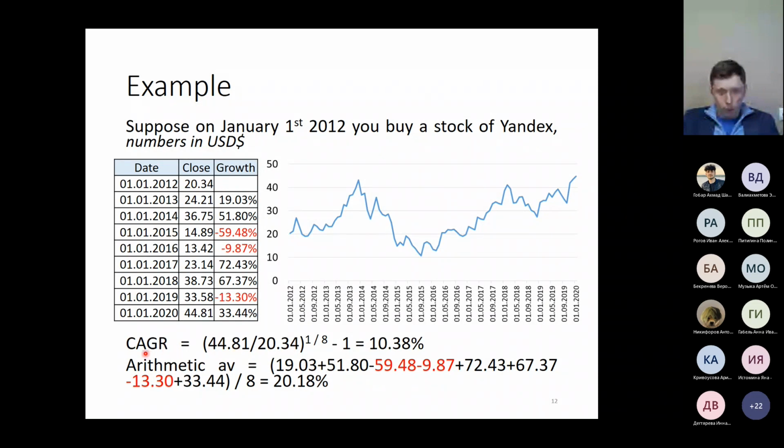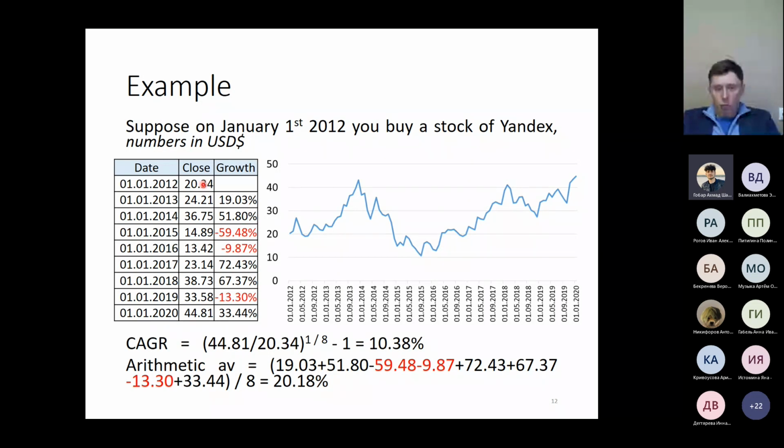But finally we take the last price, we take the first price, and we estimate the compound annual growth rate. Please note that this 8 here is the number of steps made, the number of differences, the number of returns.